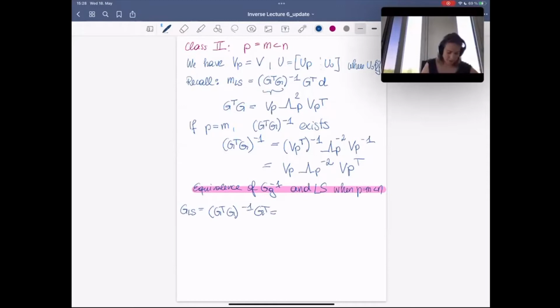Now let's simply plug in here what we all know, which is Vp lambda p to the power of -2 Vp transpose. And for G transpose, it's Up lambda p Vp transpose.